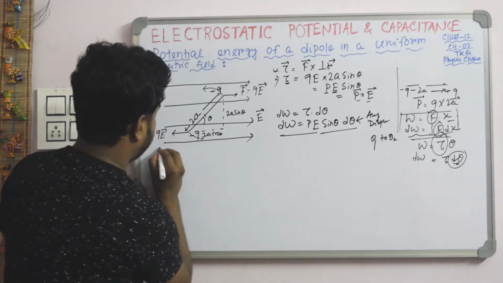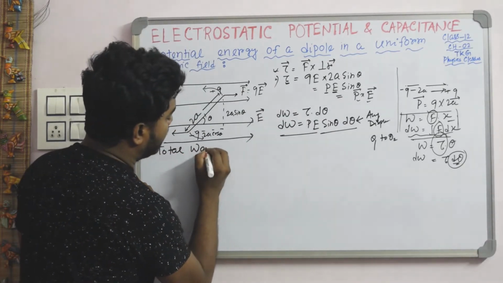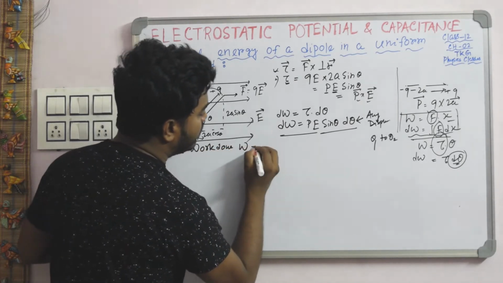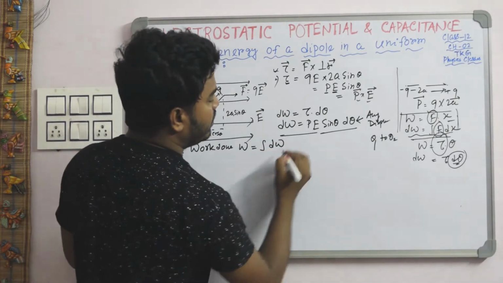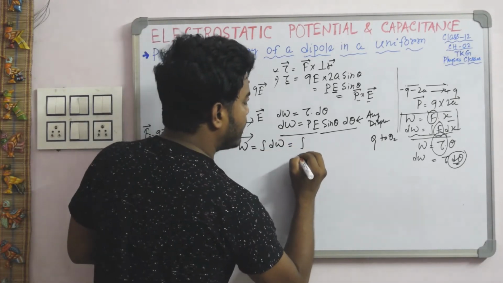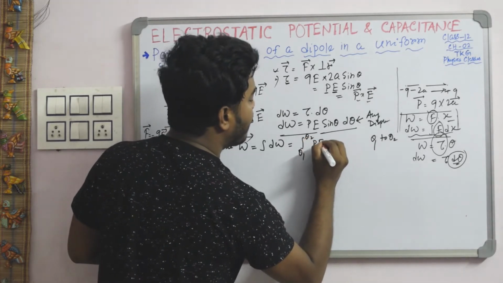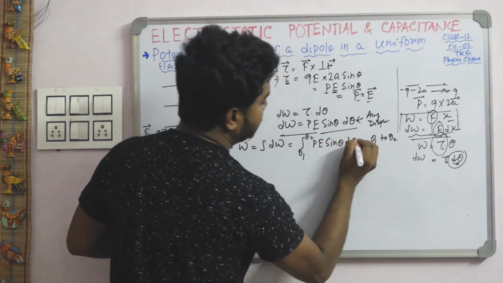The total work done, that is W, is equal to the integration of dW, that is the integration from theta 1 to theta 2 of PE sin theta d theta.